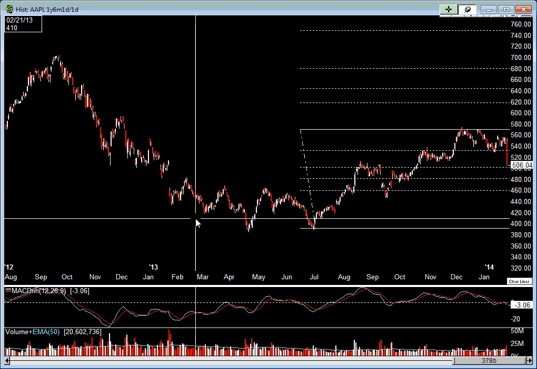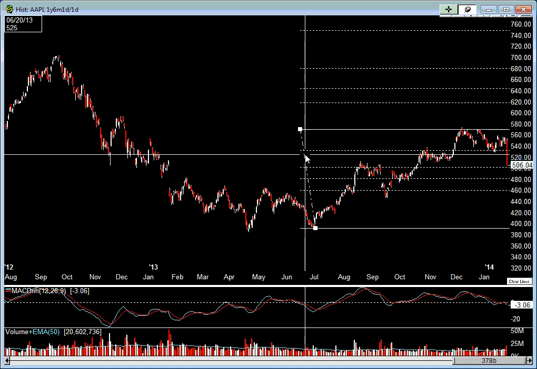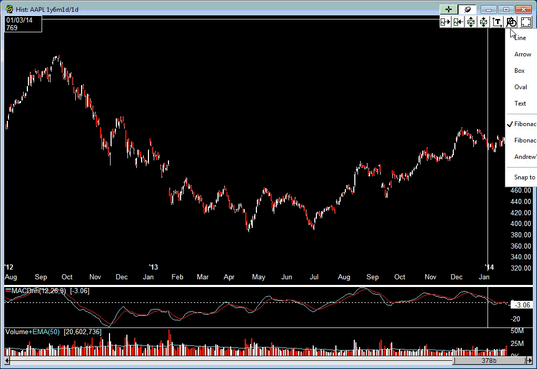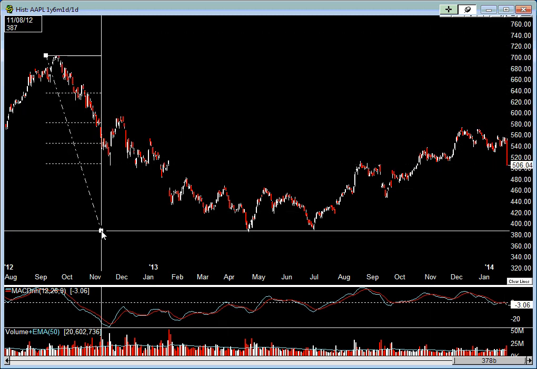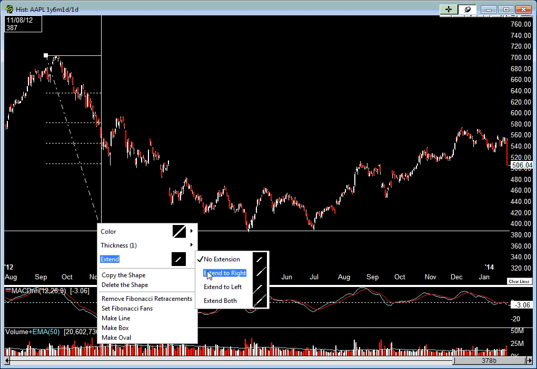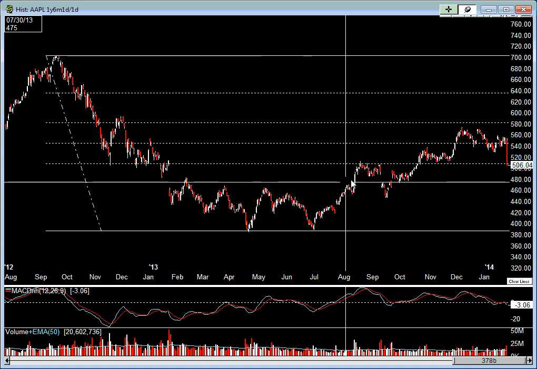If we take a look at this particular Fibonacci retracement, let me take this out, and we draw a new Fibonacci retracement using this particular swing here. Then we see that it also comes down to this 382 extension, right? So it could be bouncing off of this particular swing.